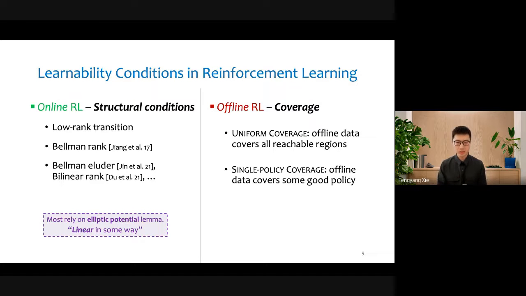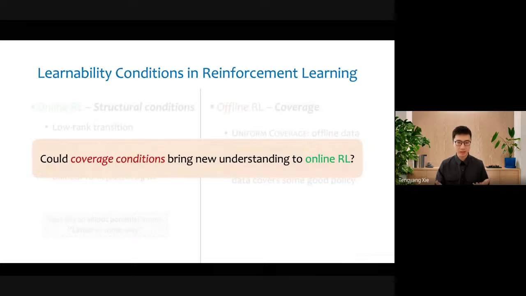In recent years, there is also a more advanced one called single policy coverage. That is, we only assume our offline data covers some good policy, for example, pi star. One of the main questions in this talk is, can we use the coverage condition to bring some new understanding to online reinforcement learning?